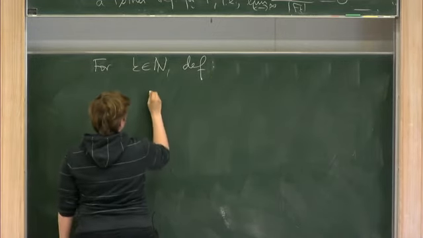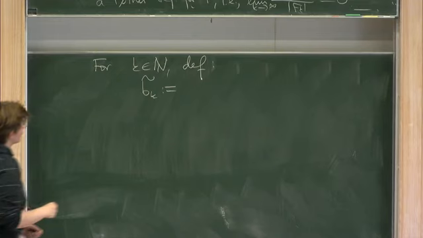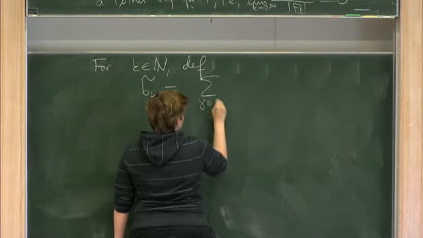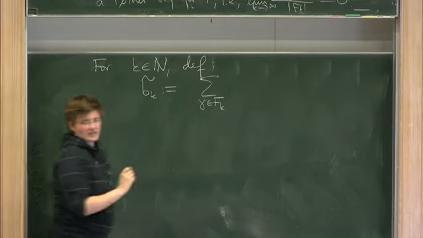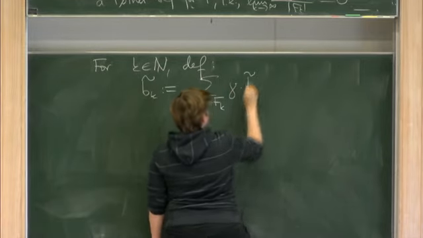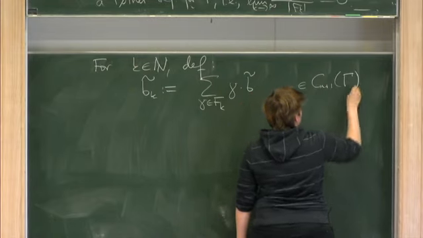Namely, we look at, let's call it, B_k tilde. And what is it? Well, we can just take all the gamma in the k-th Følner set and let them act on B tilde. Right? This gives you something in C_{n+1} of gamma.